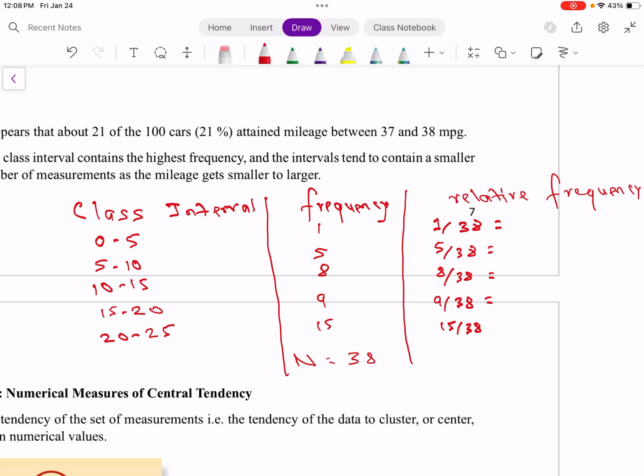Can anyone help me? What is 1 divided by 38? If you have two digits after the decimal, that should be fine. 0.03.